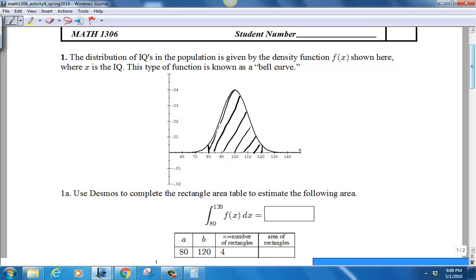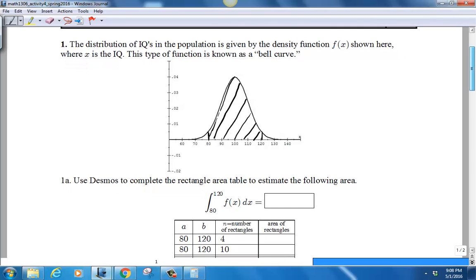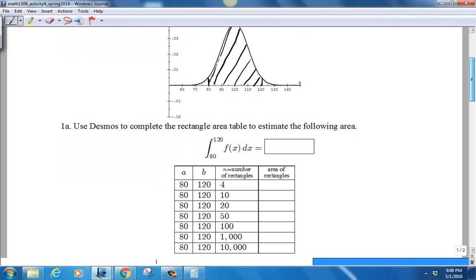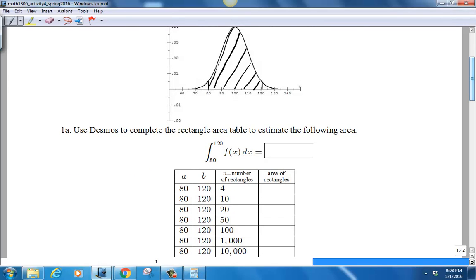All right, so we're going to use Desmos here actually to estimate this area. Remember in Desmos we have a tool that will allow us to fill up this area with rectangles, and then sum together the area of the rectangles, and by using more and more rectangles, we can get a very accurate estimate for what this area actually will turn out to be.